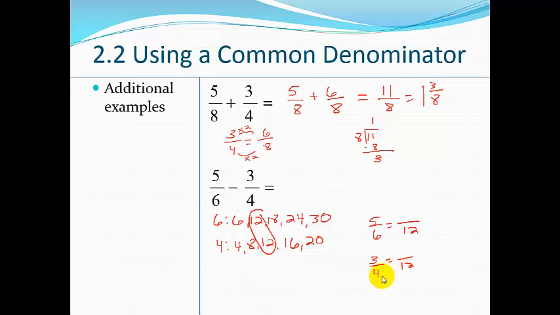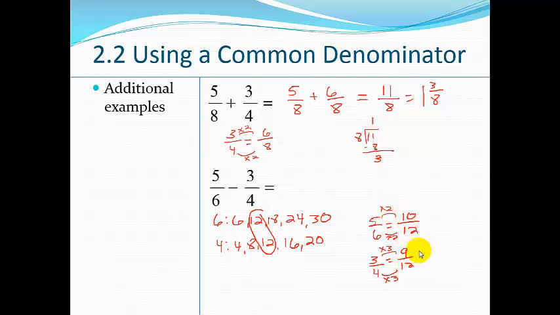Again, how does a 4 get to a 12? Multiply it by 3, multiply the top by 3, and that gives me 9/12. And 6 times 2, and 5 times 2 is 10.